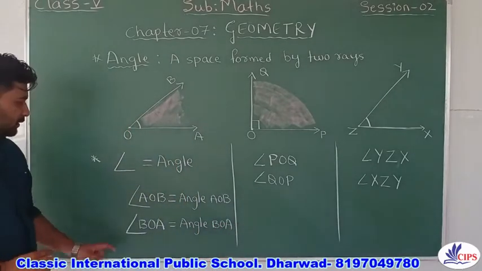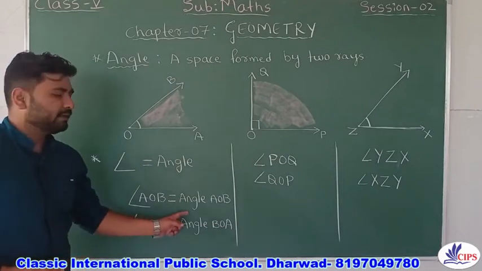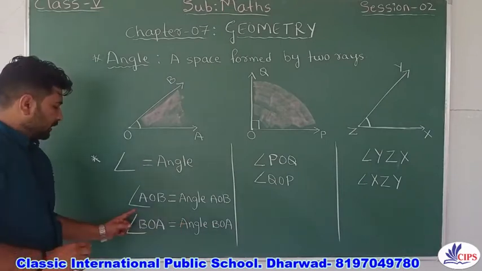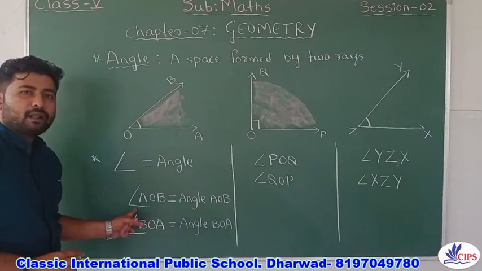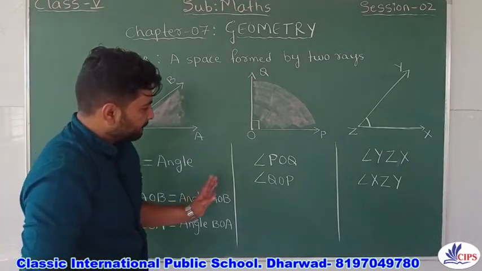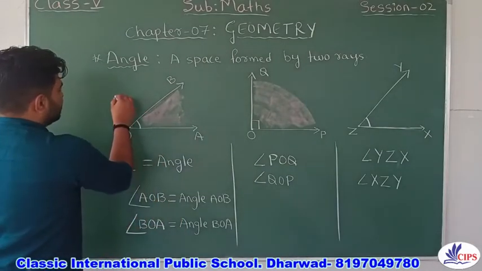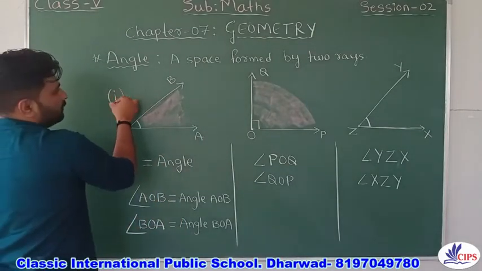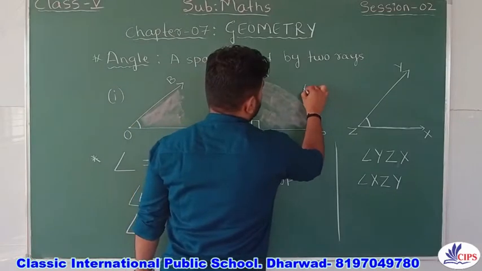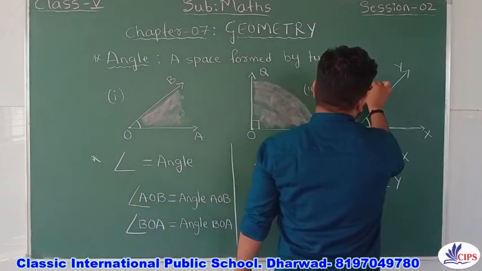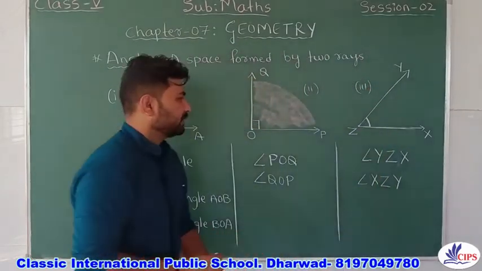Getting my point? We are writing in this way, but you are going to read it like this. It must be pronounced as angle. Okay, guys? Same. So you can name these figures. This is figure 1. This is figure 2. This is figure 3. Correct?